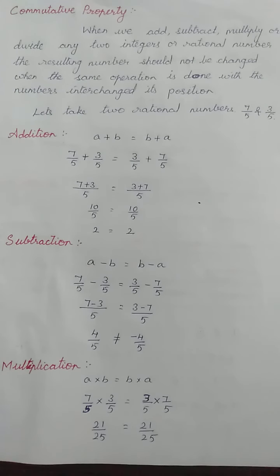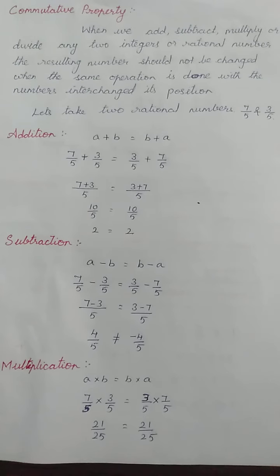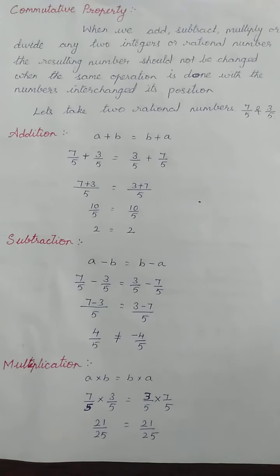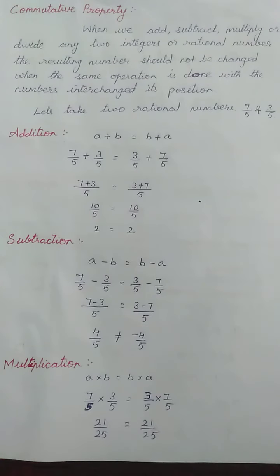Now let us see what is meant by commutative property. So, like closure property, commutative property also deals with only two numbers. What does commutative property state? When we add or multiply or divide or subtract any two integers or rational numbers in any order, the result should not be changed.